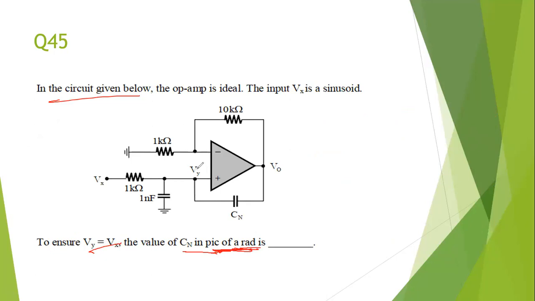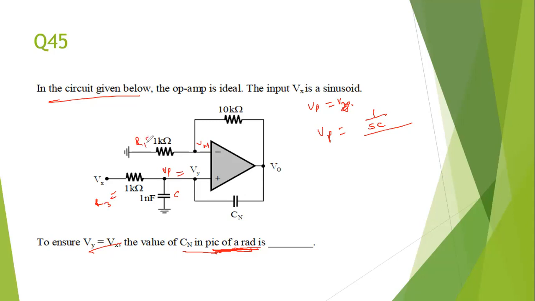So this potential is V1, Vy. This potential is Vx. And let this potential be Vp. And this potential is Vn. Okay. Let's say this is your capacitance C. So what's the Vp? Or we can say this potential is Vy. So Vy equal to Vp. So Vp you can write 1 by Sc plus, let's say this is R. Let's say this is your R3.